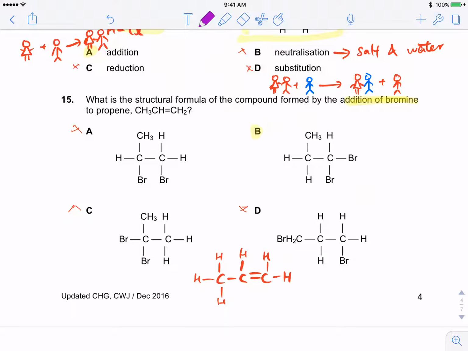So how do I draw that? Okay, Br. What happens is one of these bonds will break, this Br bond will break, and in the process we form two new bonds like this. So just look at the options. Which of these resemble this?